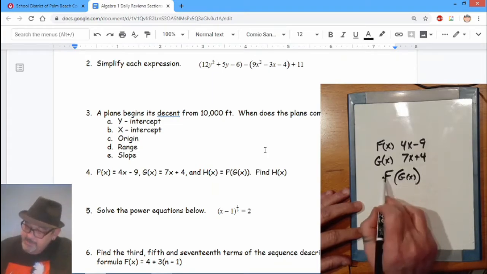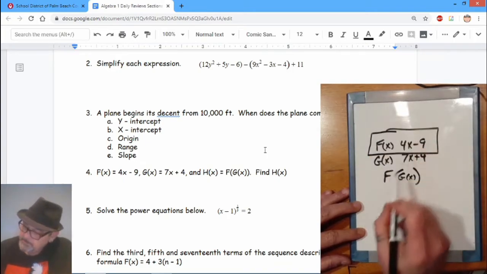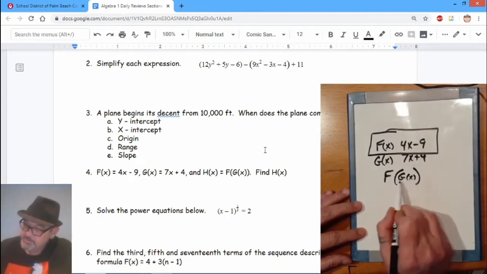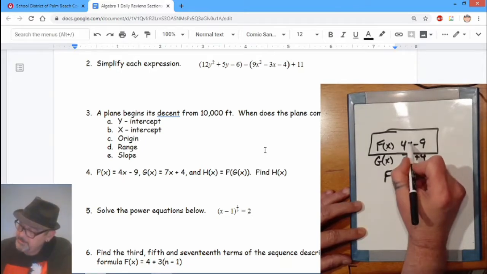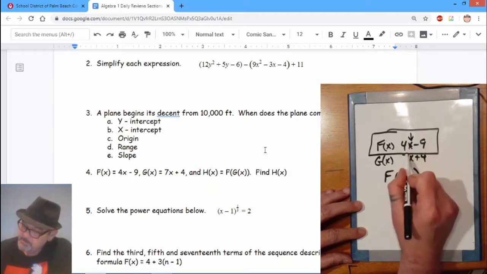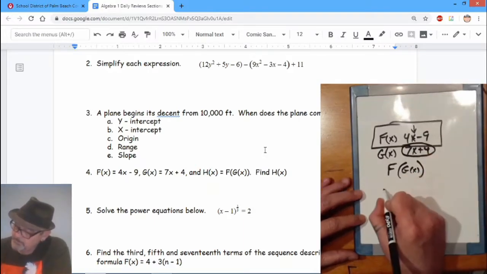It says that anytime you see an x in the f equation right here, wherever there's an x, replace that x with g of x. So here is the x in the f equation. I'm going to replace this with this right here. So how would I do that? Well, here's my 4.